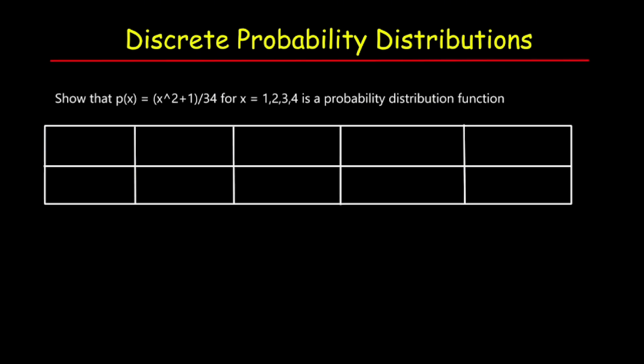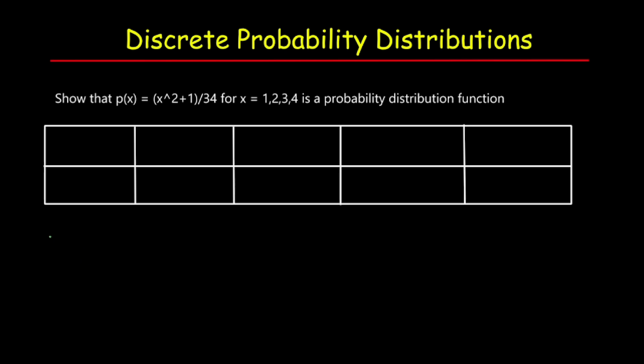Alright, so now let's look at an example problem. Show that p(x) equals (x squared plus 1) over 34 for x equals 1, 2, 3, 4 is a probability distribution function. Remember, to show that this is indeed a probability distribution function, we just need to show 2 things.